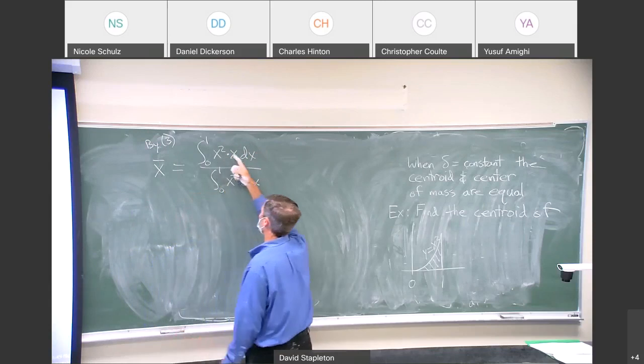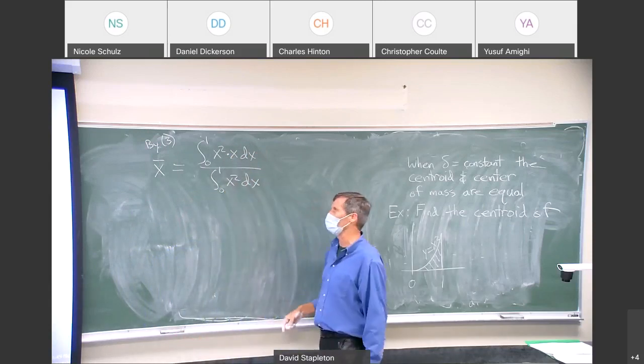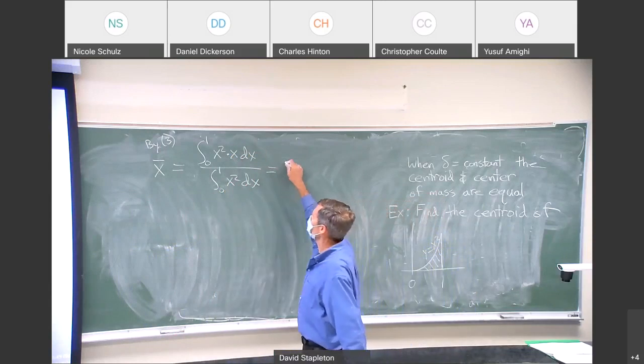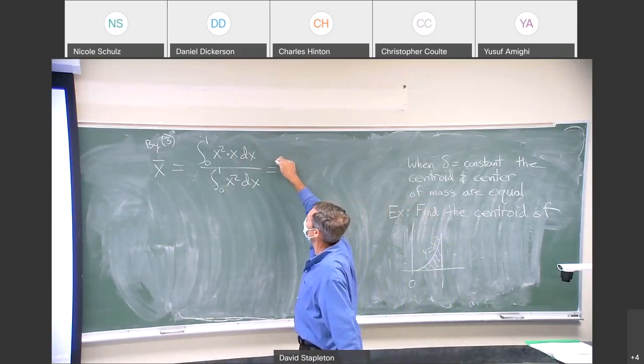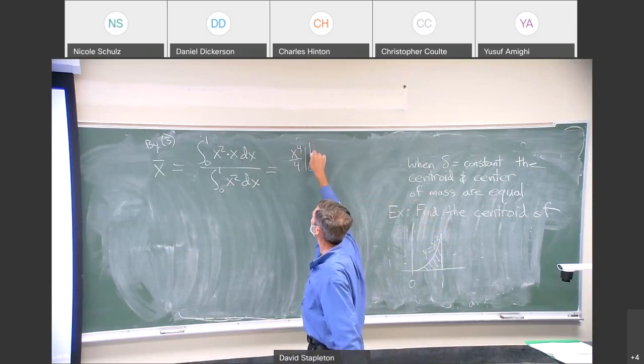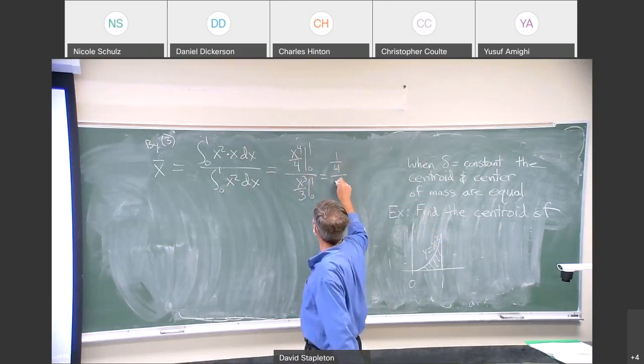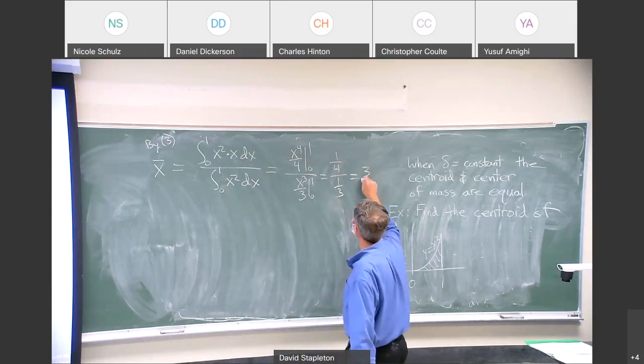Just integrate the function times x on top, integrate the function on the bottom, and that's it. The integral of x cubed is x to the 4th over 4, put in 0, 1. The integral of x squared is x cubed over 3, put in 0, 1. Well, let's see, it's 1/4 over 1/3, which comes out to be 3/4.